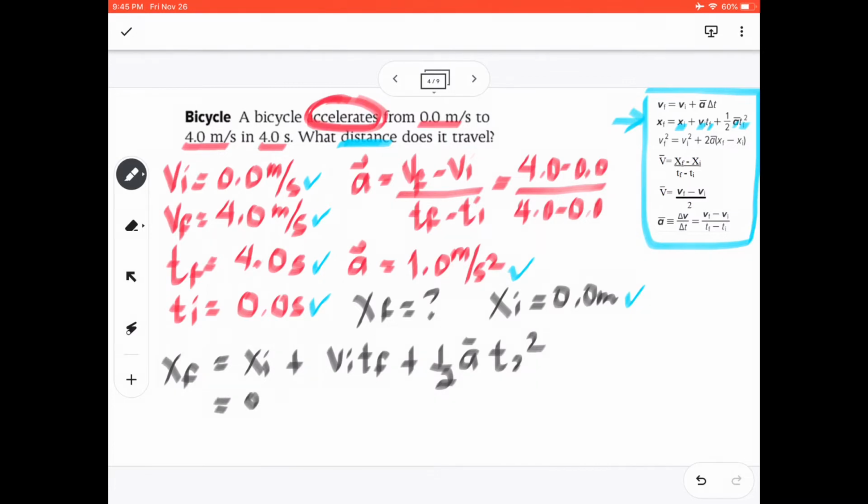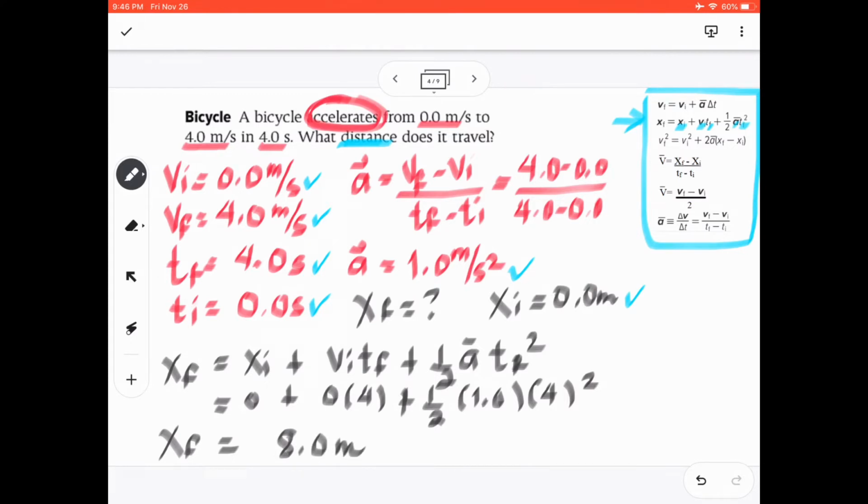XI is 0 plus VI, which is also 0, initial velocity, multiplied by TF, which is 4, plus 1/2 multiplied by A, which is 1.0, times TF, which is 4, squared. Using your calculator, of course, you'll be able to get the answer as 8.0 meters. And that's it for this problem.